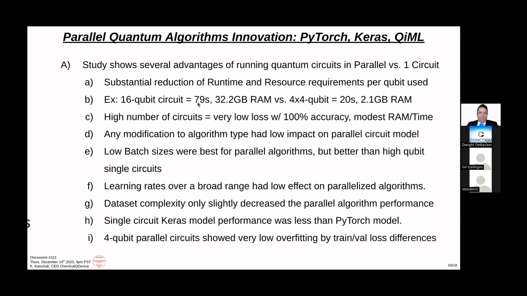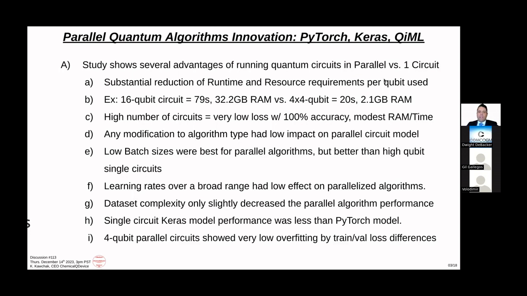You can see that with the 79 seconds for 16 qubits and 32, and it gets worse and worse to the point where you can't even run these circuits, especially in the 50s, and if you're doing quantum machine learning, the 40s too. With a 4x4 circuit in parallel it's 20 seconds and 2.1 gigs RAM.